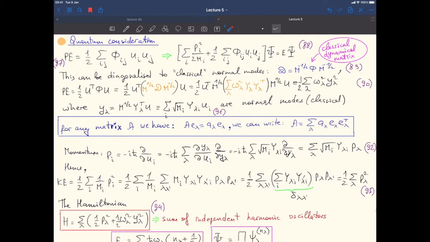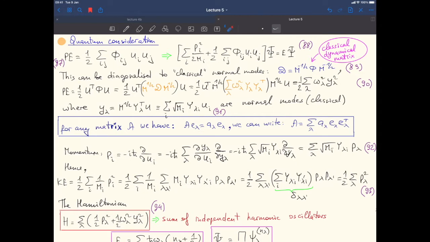So in order to solve this multivariable Schrödinger equation, we will make a change of variables. So what we shall do, as we kind of did in the classical case, although I didn't show you this explicitly, we will perform a transformation from atomic displacements to their specific linear combinations, which we call normal modes.